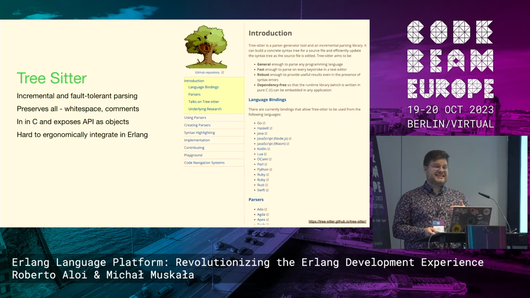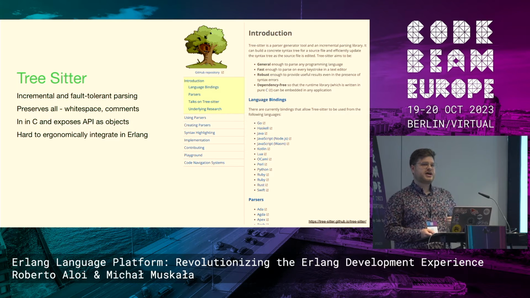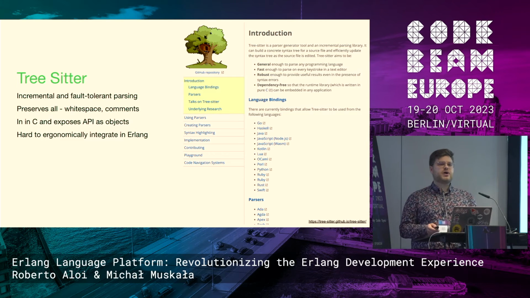In the NIF API for Erlang, we don't really have a way of guaranteeing that the object won't be shared between multiple processes, that you won't accidentally send it to a different process, or even worse, that the process won't be rescheduled on a different thread, right? And suddenly things can go very, very wrong.